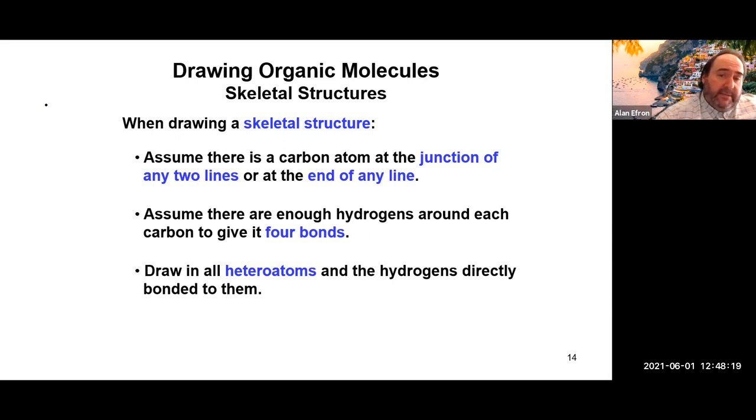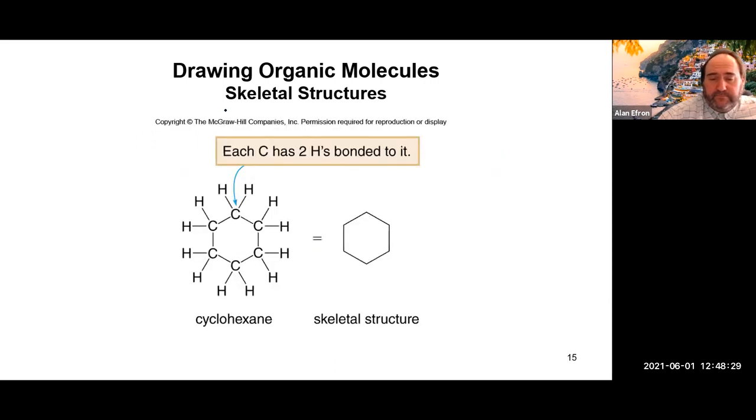And to do that, if nothing else is there or told to be there, it's going to be just hydrogens that are present. So here in this ring structure, this would be the expanded structure, and most of the time people will never draw it like this. Most of the time you're looking at it drawn like this in line structure.